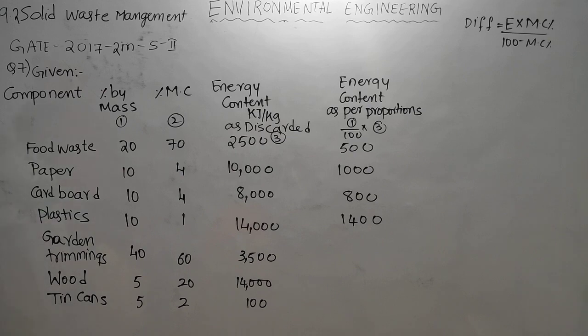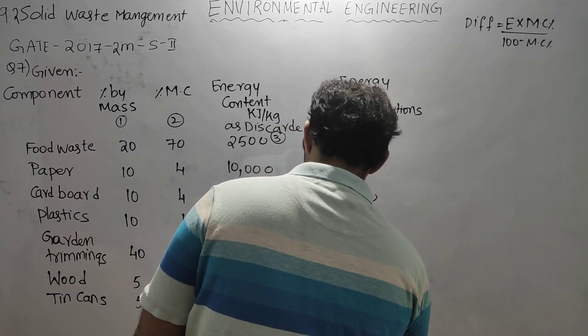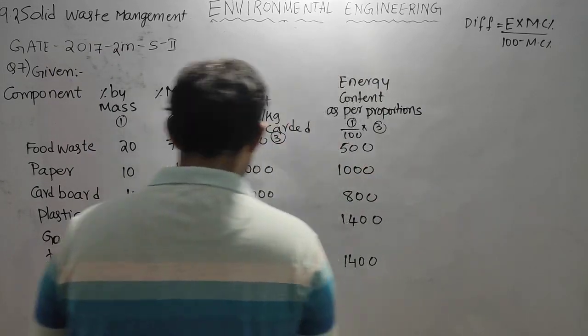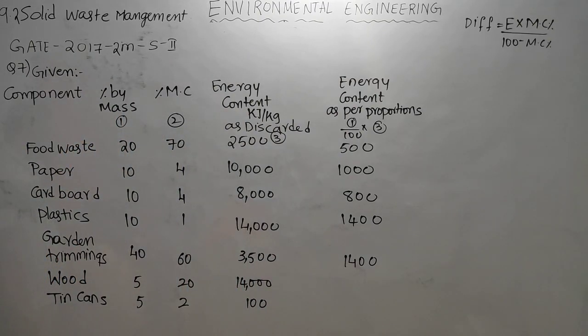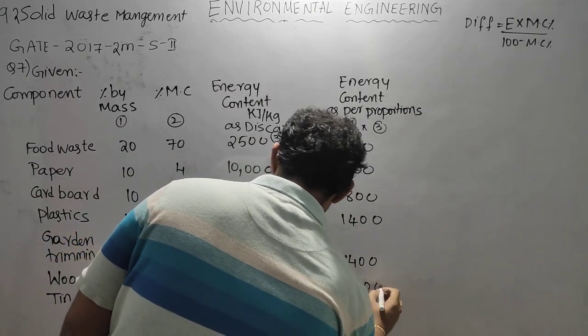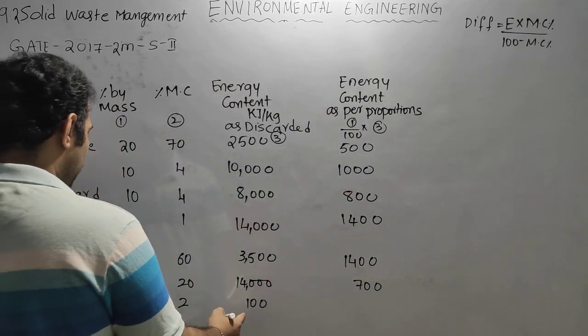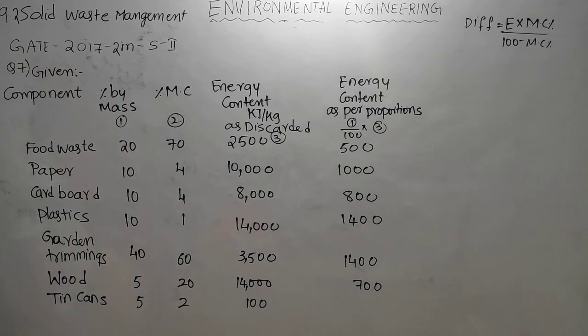Again it is 1400 only. And 5% of 14000 is 700. Here 5% of 100, that is 5 only.